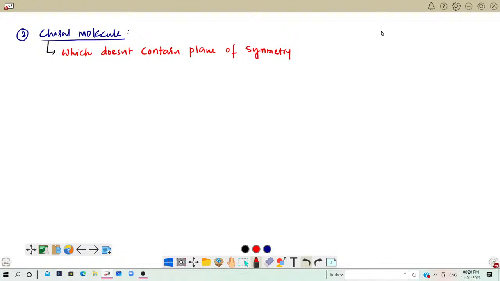On the basis of this, molecules are classified into two types: symmetric molecules and asymmetric molecules.